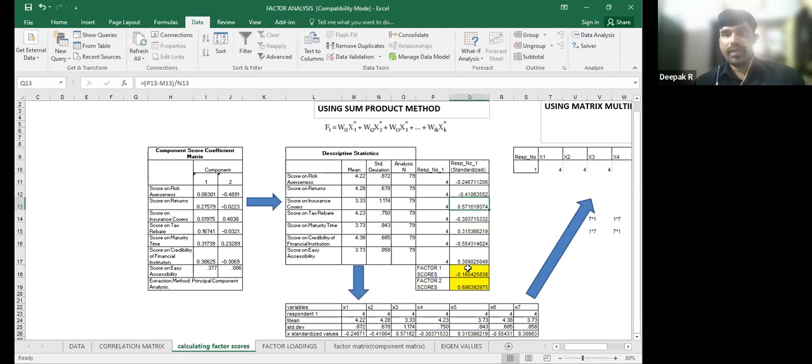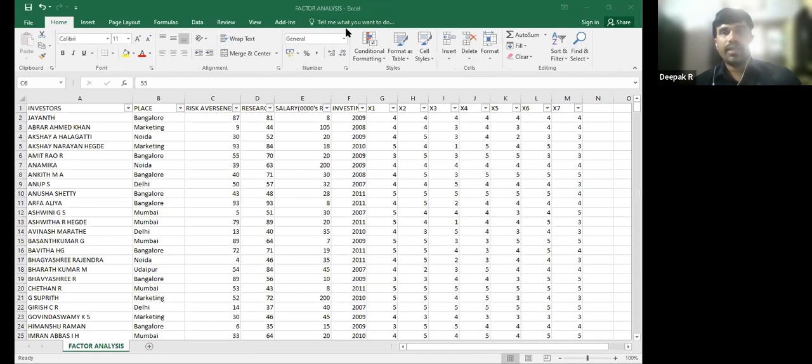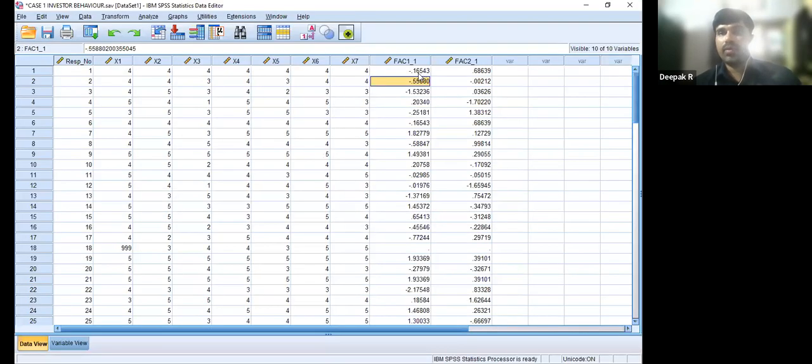Okay, so once I have got it, I need to find the value that I have obtained here in SPSS. So in SPSS, you will be able to notice that I have got minus 0.16 and I have got 0.68. These are nothing but the factor scores.